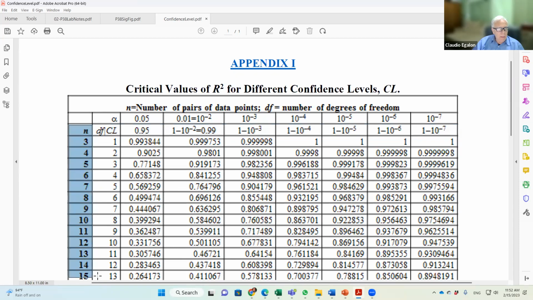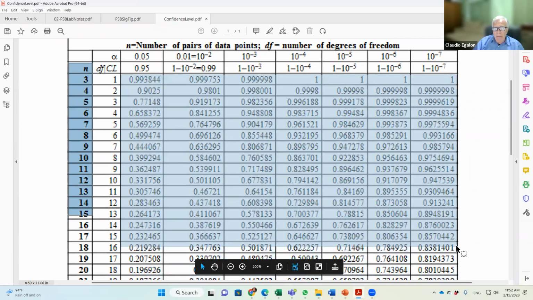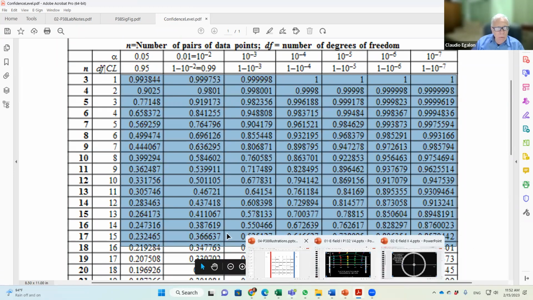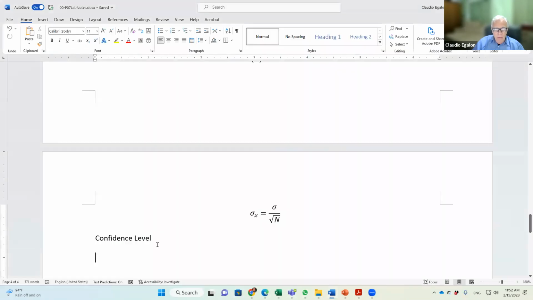And then the bulk of the table, what do you have in the bulk of the table? You have the values of R square. So the problem that I am posing to you is that given n and R square, what's going to be the confidence level of your experimental result? I want to write it down here.